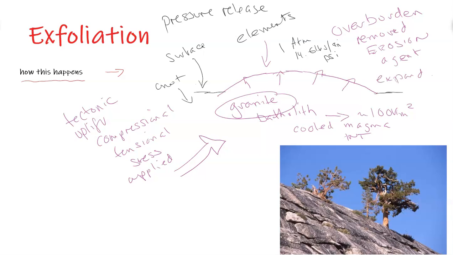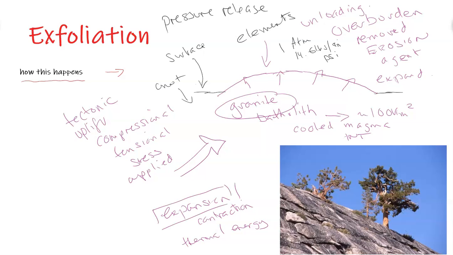Plus, it's exposed to the elements and the sunshine, so we get the expansion and contraction that we expect from thermal conditions, or the influx of thermal energy, both day and night and seasons. So with all this process going on, the overburden removal can also be called unloading. So you're unloading what's above the rock, allowing it to basically increase in size and volume and have that expansion.